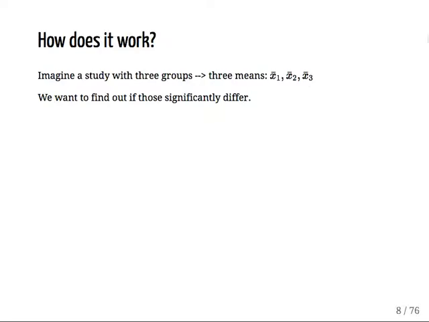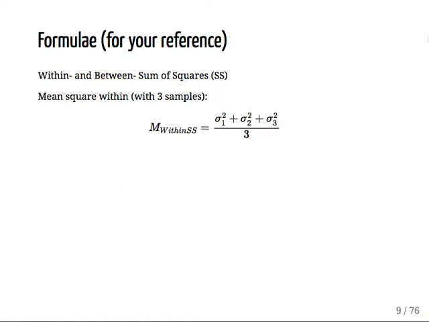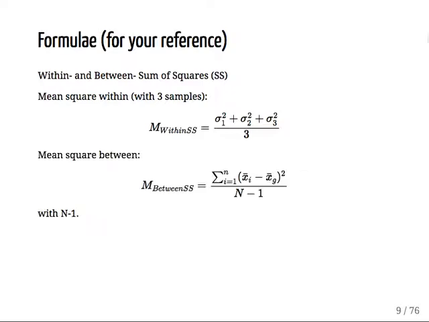We want to find out if those means significantly differ, and we can calculate the grand mean, which we denote with G. From those means we can calculate a mean square. For each of those we can calculate how much variability there is with the sigma, the variance measure, and we can divide that by 3 in this case. So how much variation is there within each group and between each group.